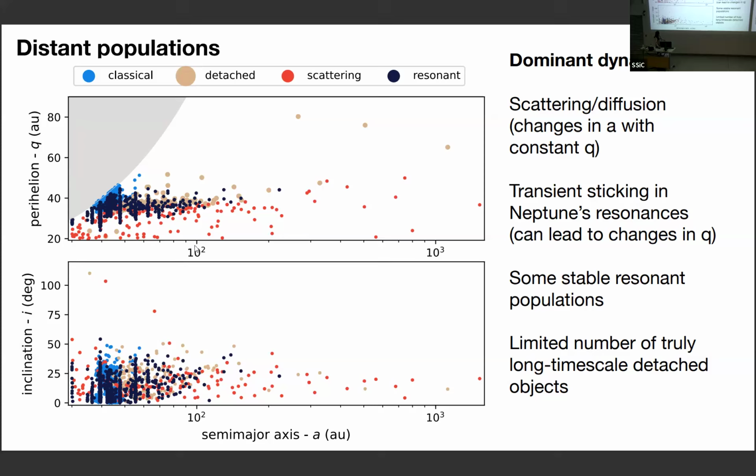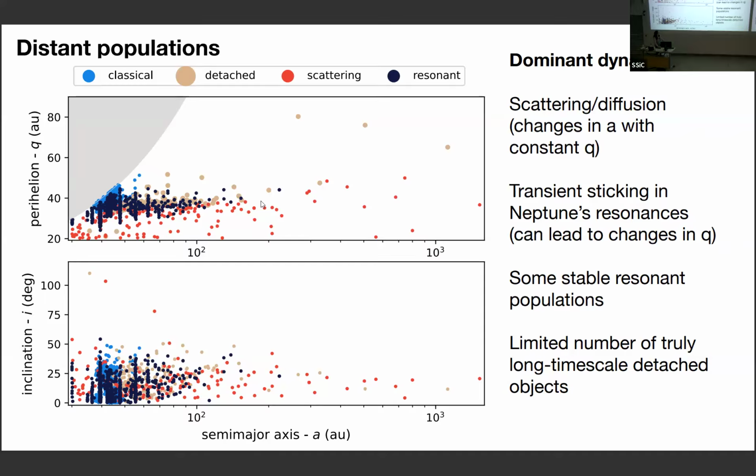So if we look at the big picture, the large semi-major axis range, the dominant dynamics of these populations is scattering and diffusing, just interacting with the planetary system, changing the orbital energy. So they wander along in semi-major axis along lines of constant perihelion distance.